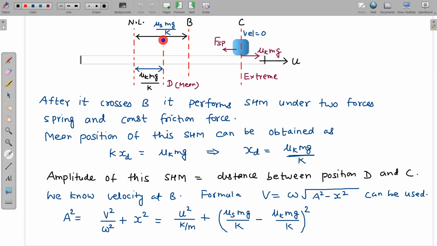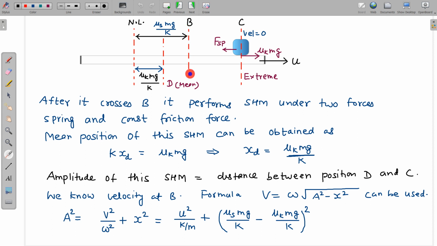This is the mean position, this is the extreme position. The distance between these two positions is equal to the amplitude of this SHM.